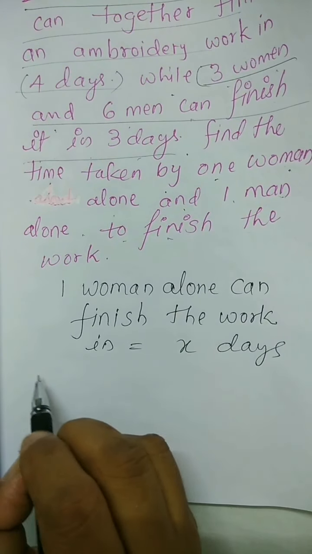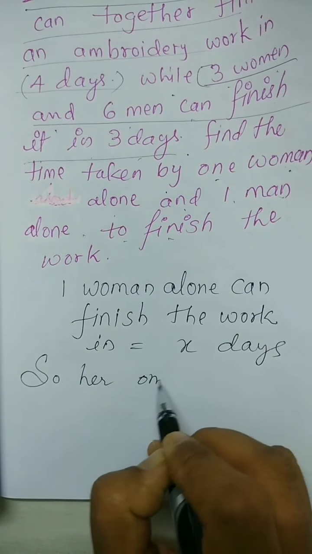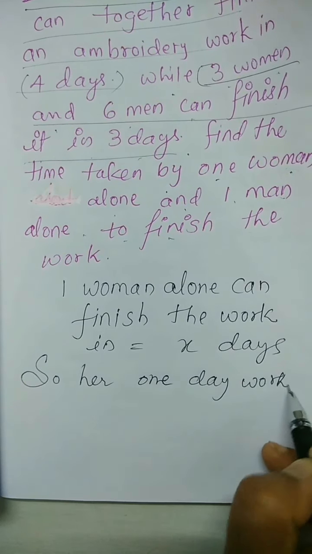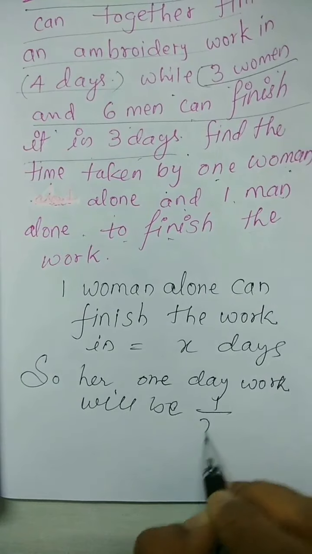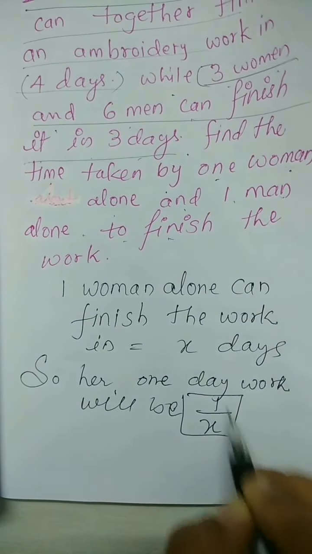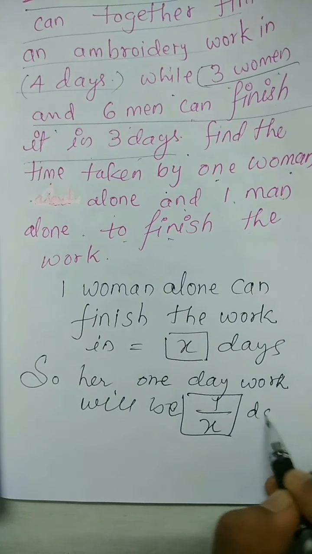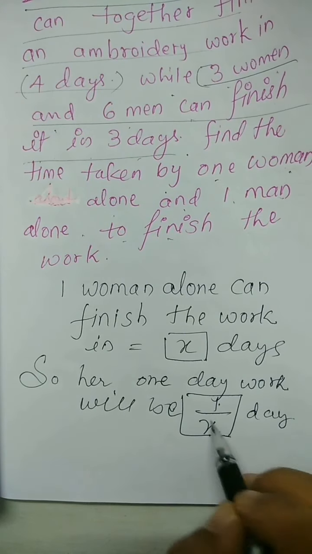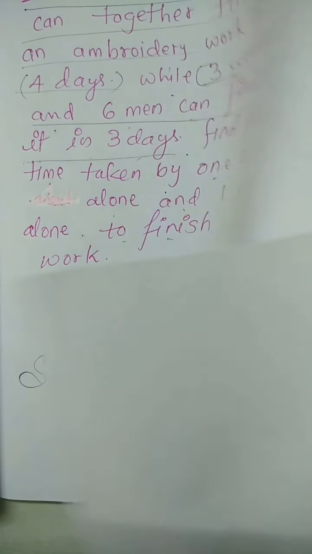So, her 1 day work will be 1 by X. She can finish the whole work in X days. Then her 1 day work will be 1 by X. Okay, 1 by X. Now, consider the man.